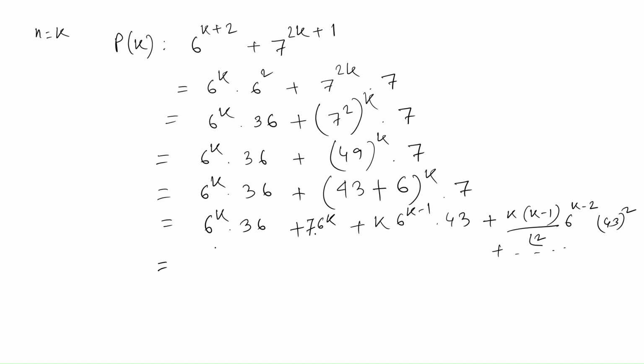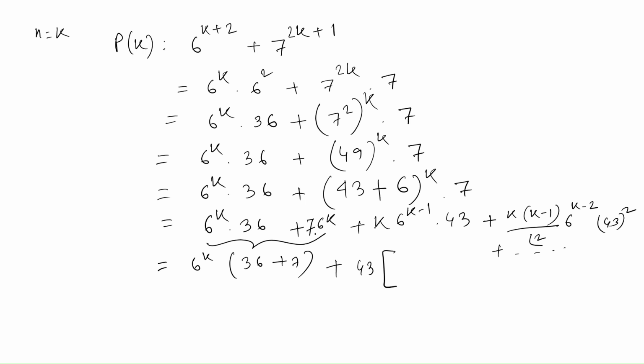Now from these two terms you can take 6 power k common, then you will have 36 plus 7. And here you can take 43 common.